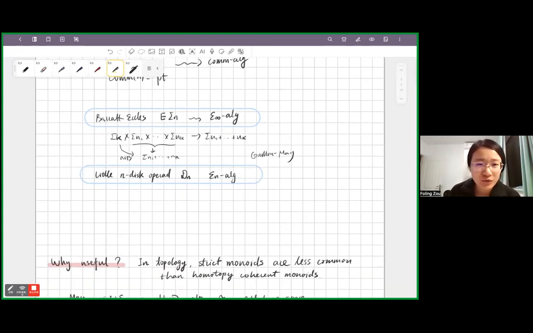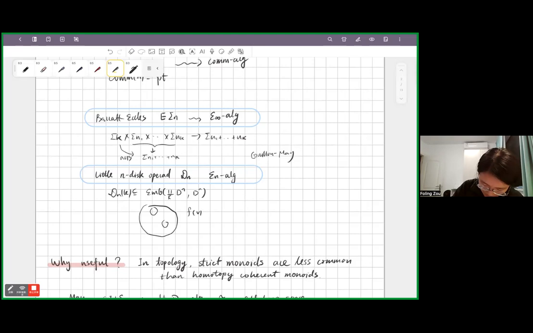Also, there's a more topological example, the little n disks operad, D_n. Here n is fixed, and the k-th space of this is a subspace of the embedding space of k copies of the unit disk in R^n into the disk, such that each of these f of v is in the form of av plus b.